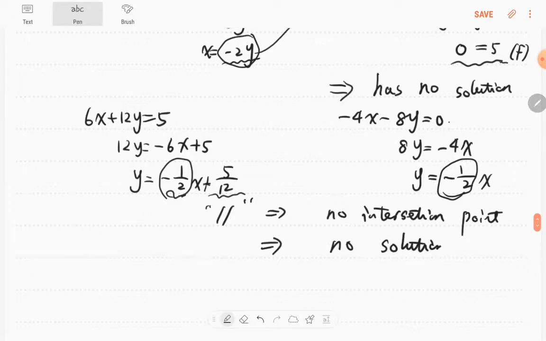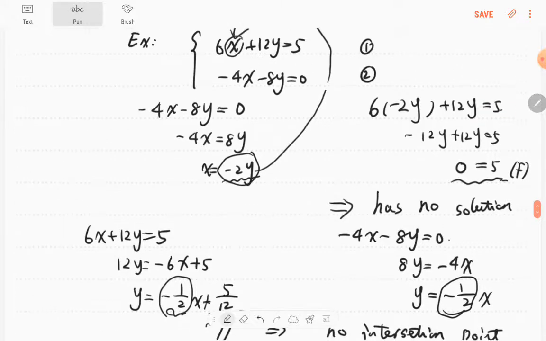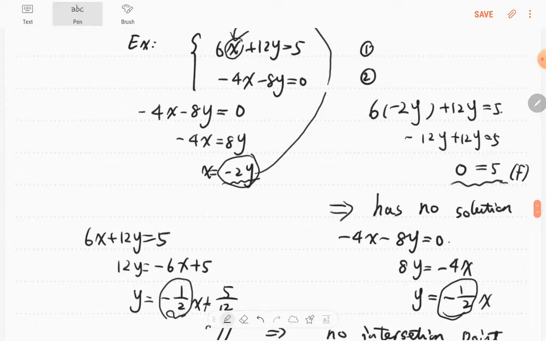No solution. Of course, if you use the substitution method to solve the system and you get this false statement, just like this one, 0 is equal to 5, then you can quickly get the conclusion: no solution.